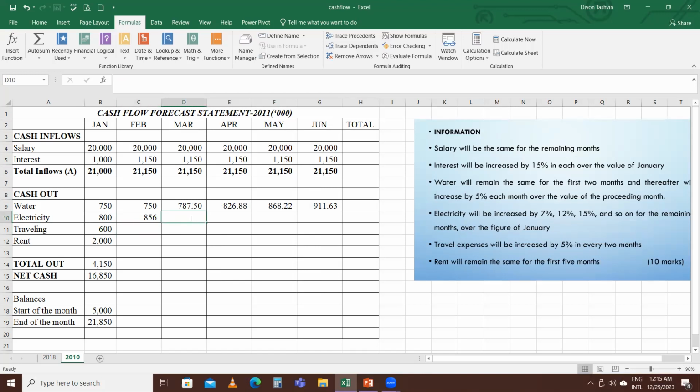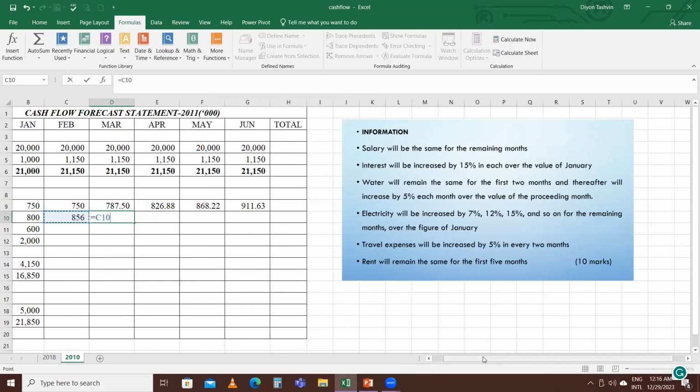Then March, this should increase over the figure of January.